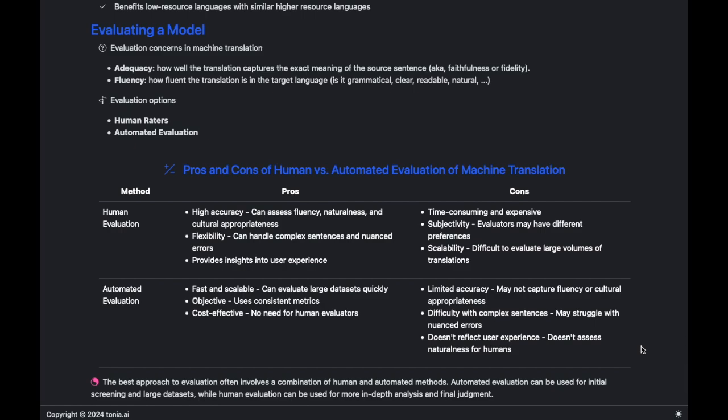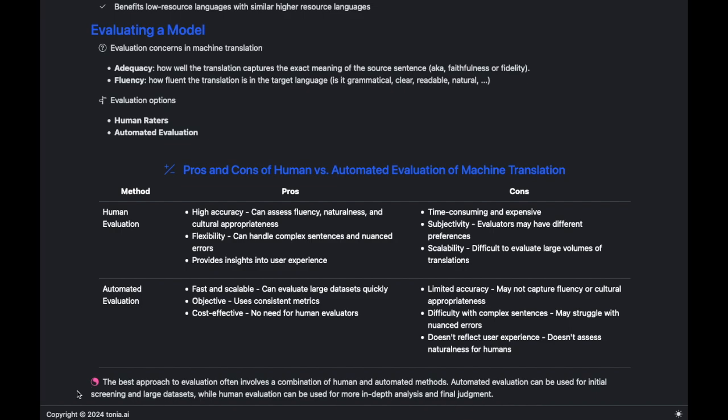Ultimately, the best approach to evaluation is often going to involve a combination of human and automated methods. So automated evaluation can be used initially to pre-screen very large data sets and do the initial analysis of the accuracy of the translation, while humans can then take the results from that and do a more in-depth analysis and provide the final judgment on how fluent and adequate that translation was.